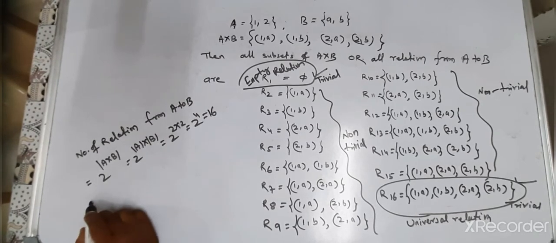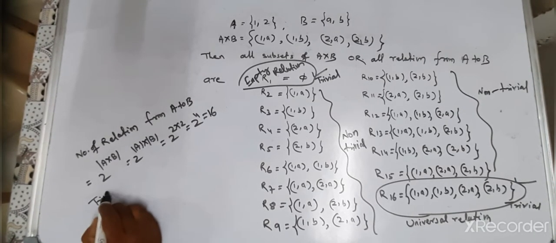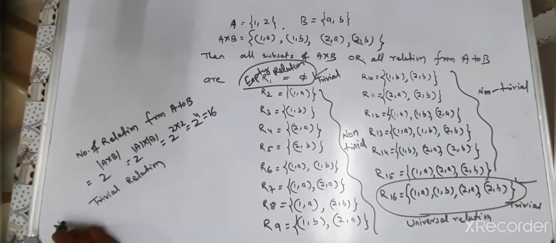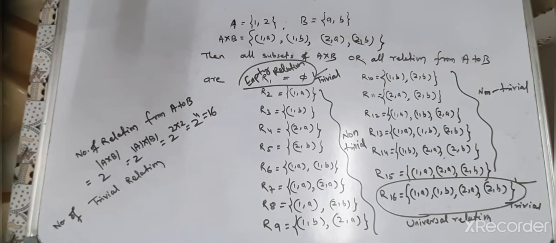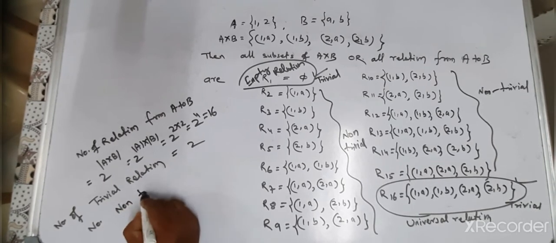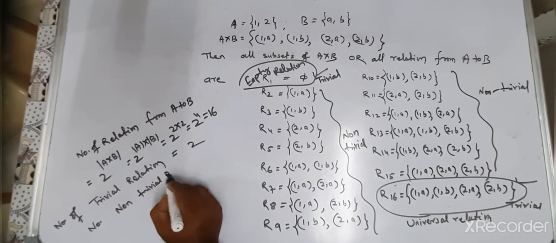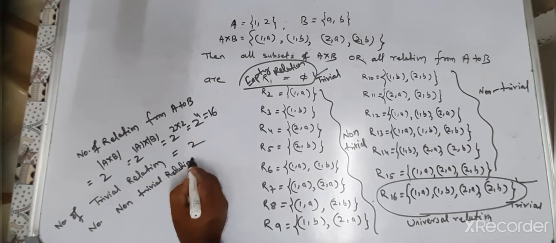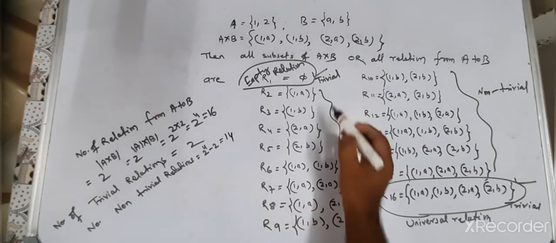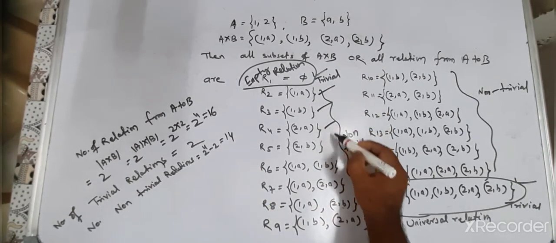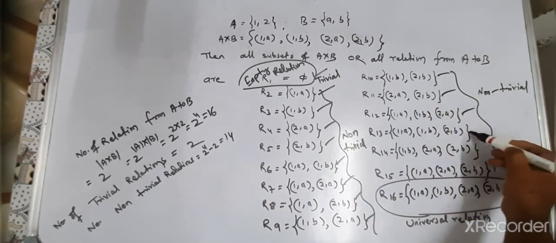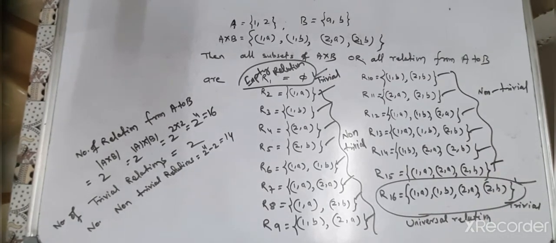So the number of trivial relations is 2, and the number of non-trivial relations equals 2 to the 4 minus 2, equal to 14. So that is 1, 2, 3, 4, 5, 6, 7, 8, 9, 10, 11, 12, 13, 14. Clear?